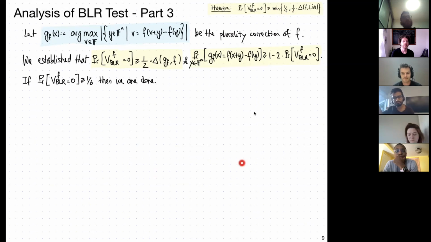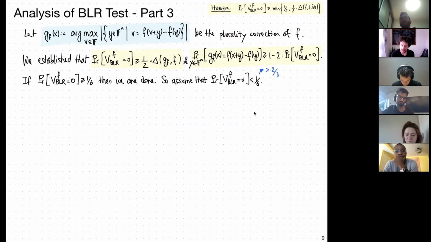Okay, so this means that we're in a good situation now. We can assume that the number of bad triangles is not too large. It's bounded by 1/6. And if we do that, then immediately we can say that this quantity is just 1 minus 2 times 1/6, so this is greater than 2/3.